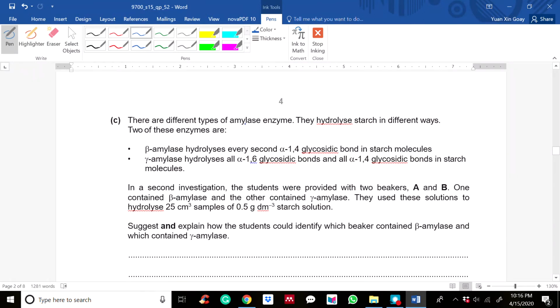See, there are different types of amylase enzyme. They hydrolyze starch in different ways. Two of these enzymes are beta amylase, which hydrolyzes every second alpha-1,4 glycosidic bond in starch molecules, and gamma amylase, which hydrolyzes all alpha-1,6 glycosidic bonds and all alpha-1,4 glycosidic bonds in starch molecules.